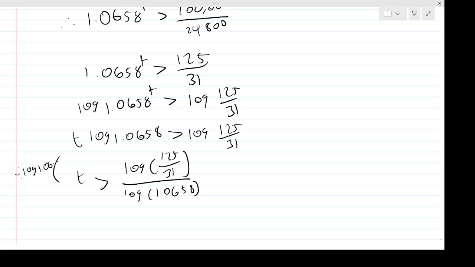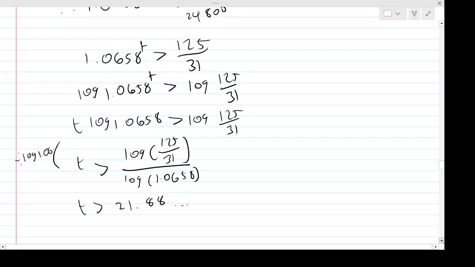That's all fine, and it makes sense, because if we work out this whole log fraction, that would be 21.88 and so on.